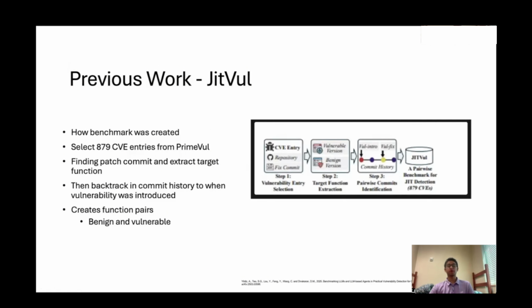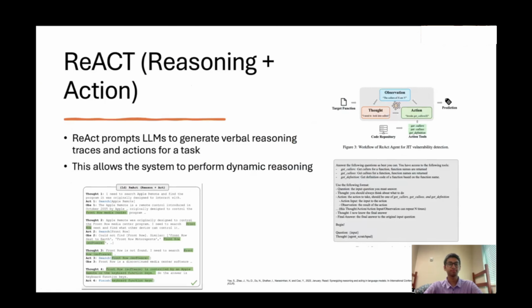So they create a function pair where there's a benign and a vulnerable version of the same thing, which then can be used for testing. And since there's 879 entries, there's actually 1758 actual functions to evaluate, because there's a benign and vulnerable version of each function.